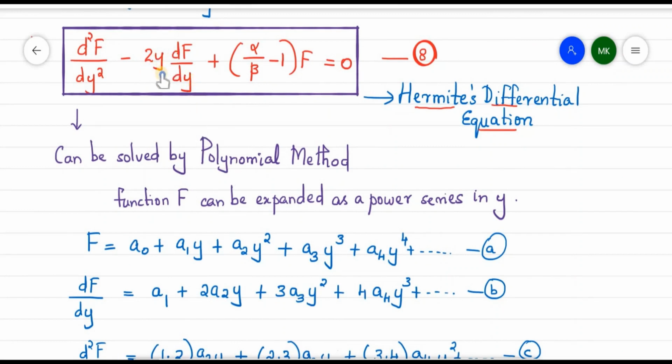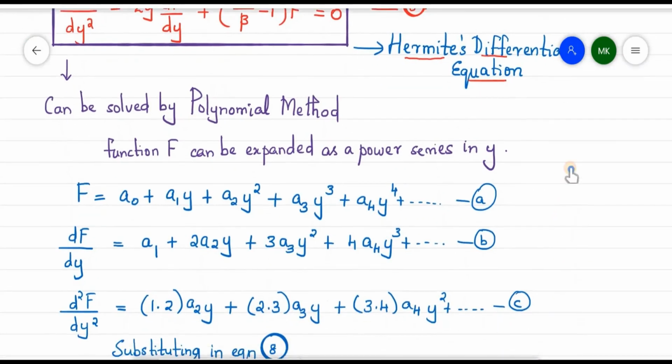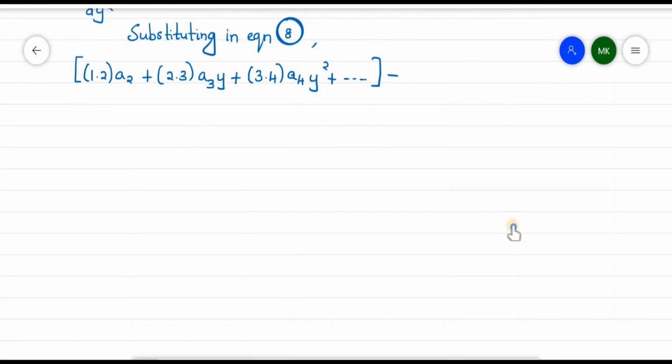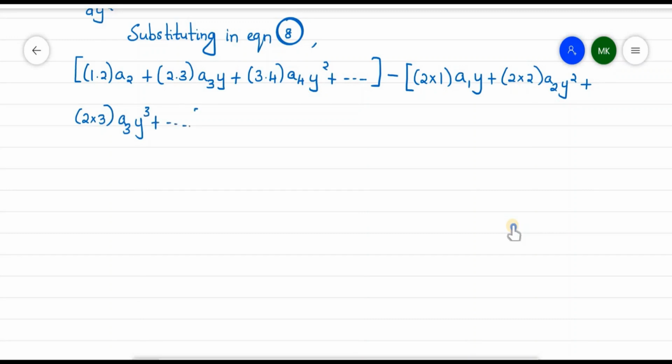So we have to multiply 2y into equation B, df by dy. So we can write minus 2 into 1 into a1y plus 2 into 2 into a2y square plus 2 into 3 a3y cube plus etc.